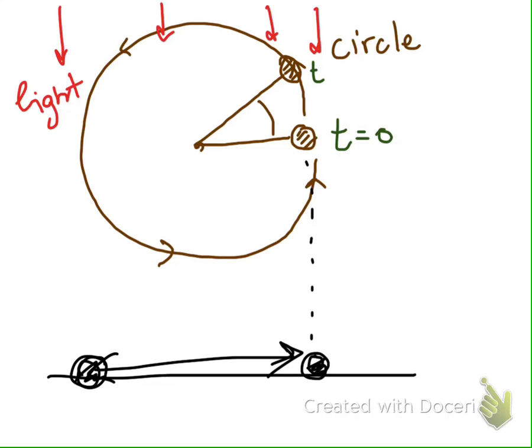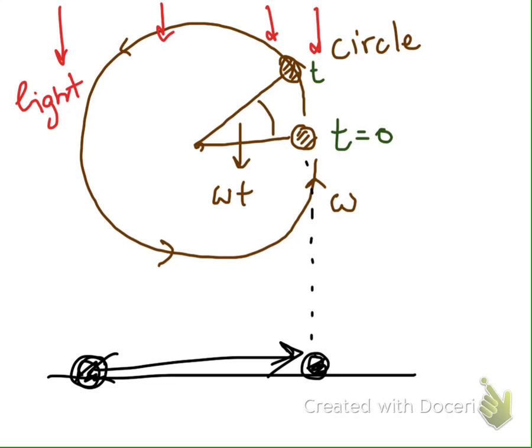We can calculate the angle if we know the angular velocity. Okay? If we know the angular velocity of the object, we know that the angle here will equal omega t. Right? The omega t.